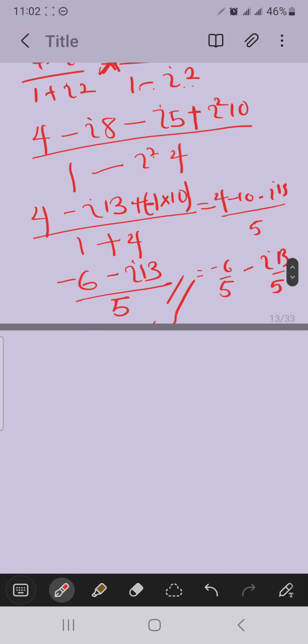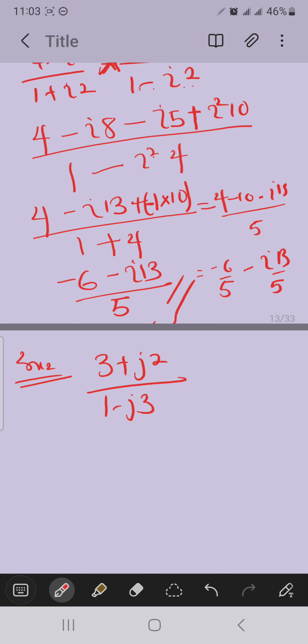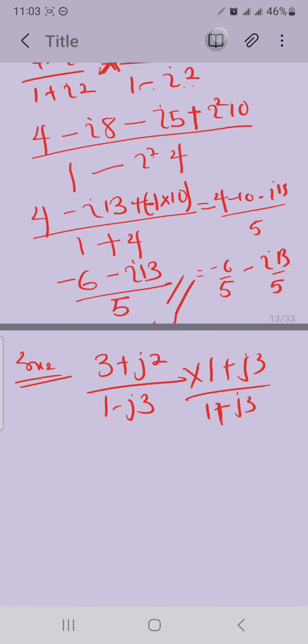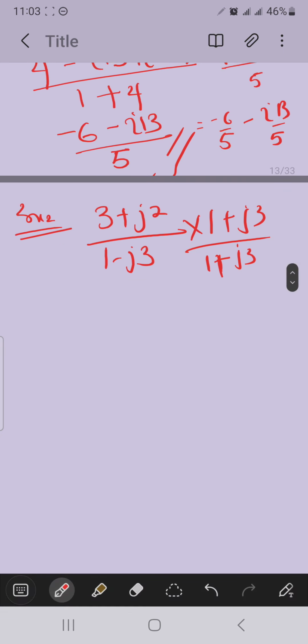So the next one, let me give another example. Example 2. Let's say I have (3 plus j2) over (1 minus j3). So this one is going to be multiplied by (1 plus j3) over (1 plus j3), because the conjugate of this is going to be plus. Conjugate multiplied by conjugate. So doing this, it is going to be 1 times 3, 3. 1 times this, plus j2.